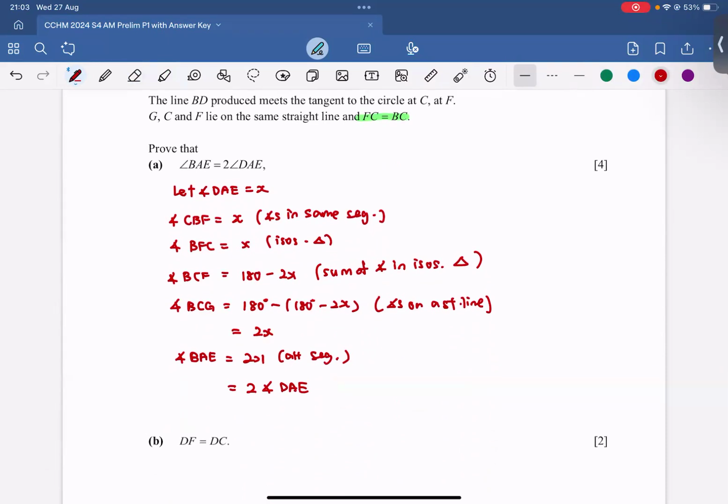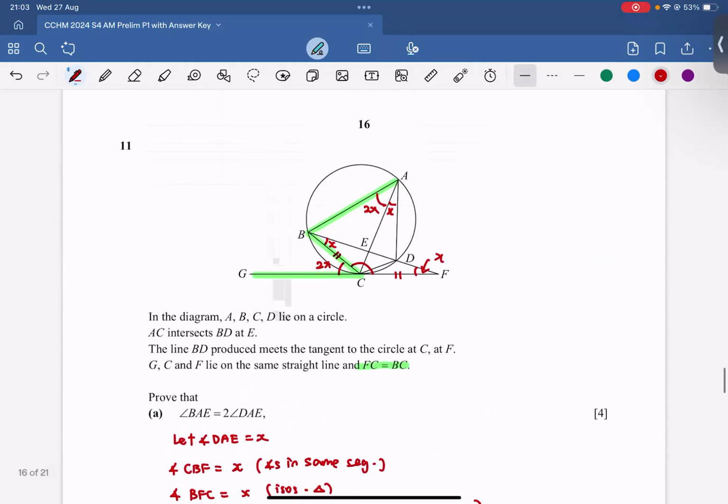Okay, next part, show that DF is equals to DC. To show DF equals DC, we need to show that this angle equals this angle, so we need to show that this angle is also X. It is as simple as using this alternate segment. This angle is actually equal to this angle because of the alternate segment.